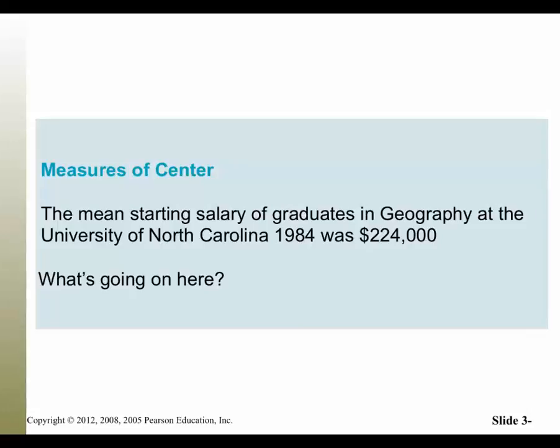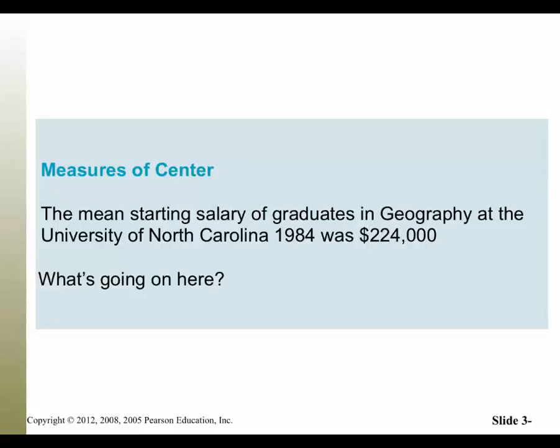So is that a good indication of what you would expect to get for your first job as a geography major? No, not at all, right? In 1984, maybe $30,000 or $25,000 or $35,000 a year would be much more typical of a graduate in some liberal arts degree.